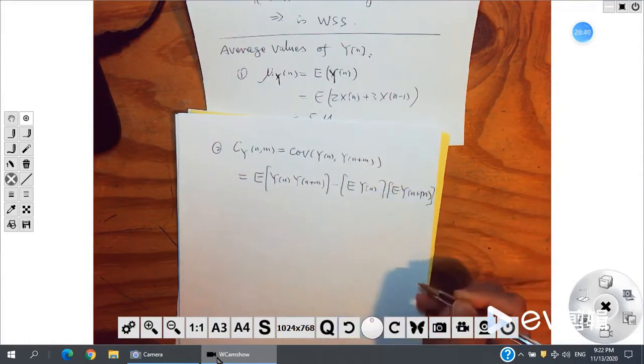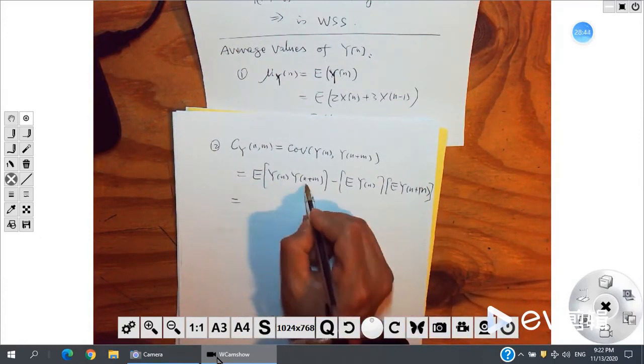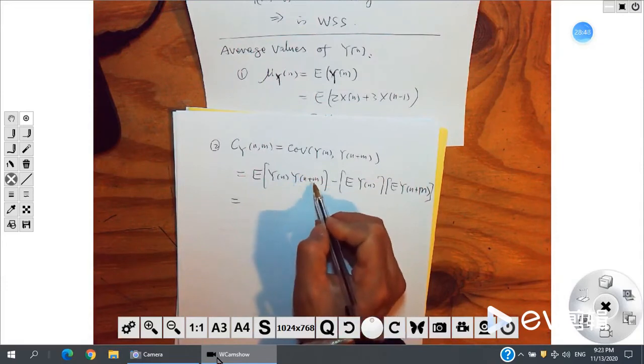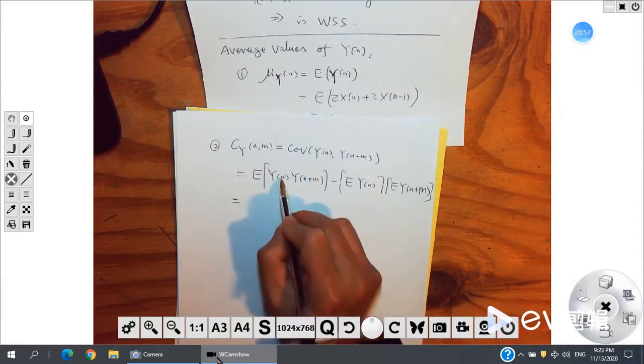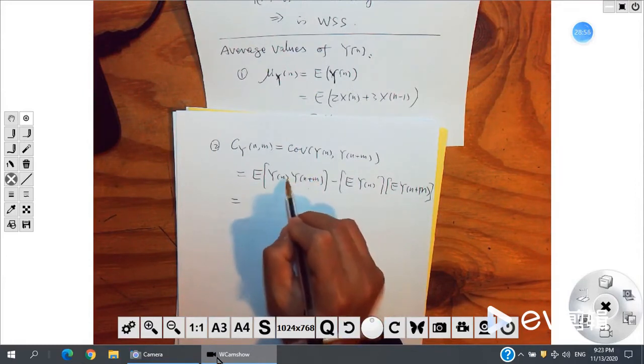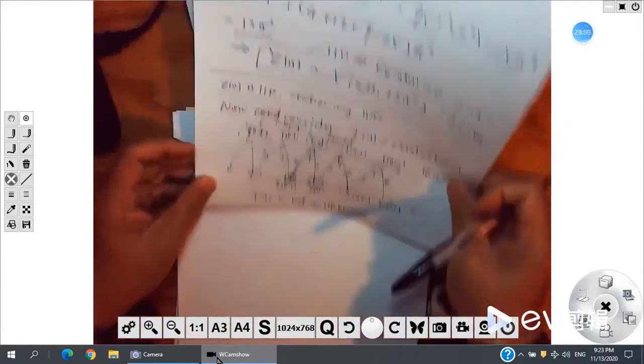Okay. All right. Now we have 3 cases, right? When m is 0, they are the same. When m is 1 or negative 1, they are neighbors.